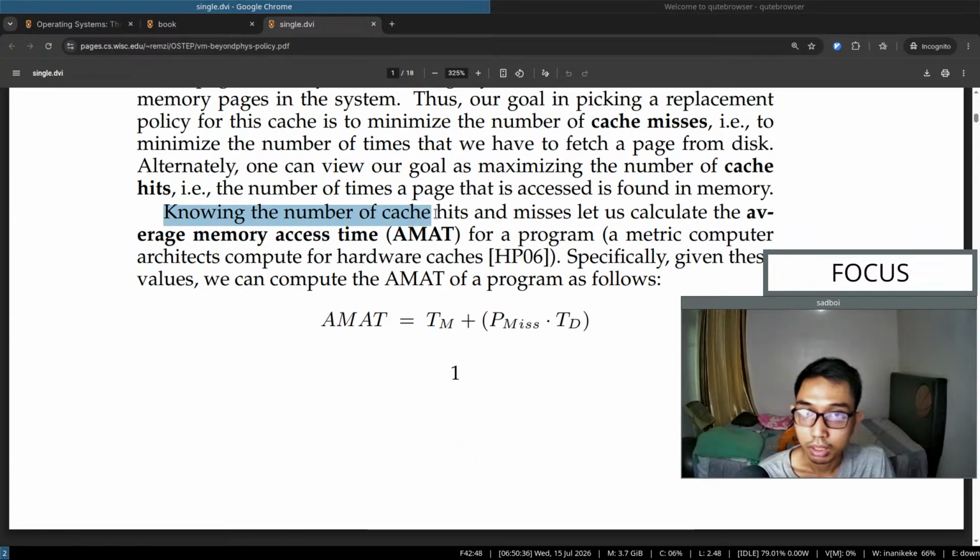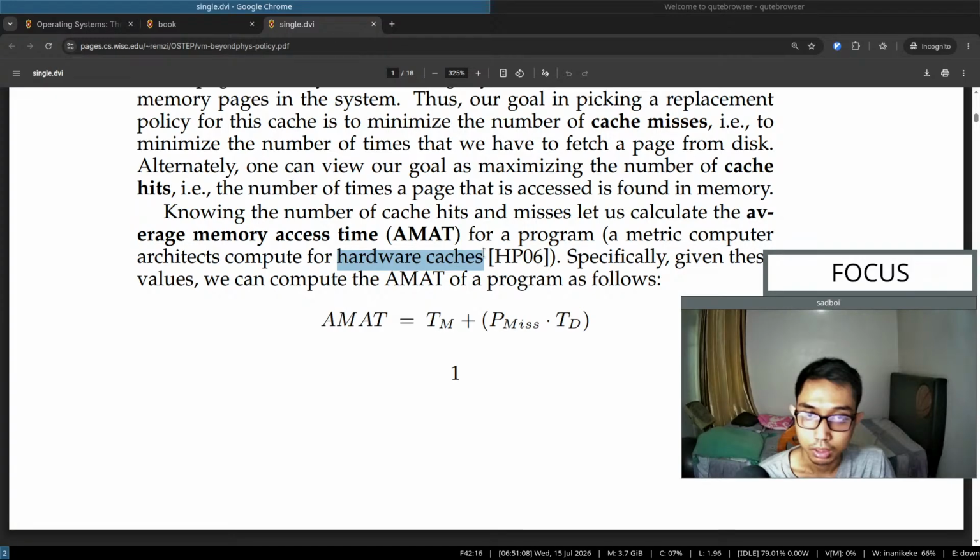Knowing the number of cache hits and misses, let us calculate the average memory access time, AMAT. Average memory access time is a metric computer architects compute for hardware caches.